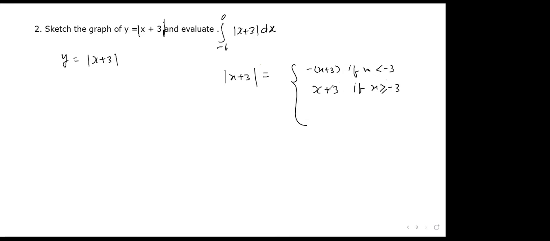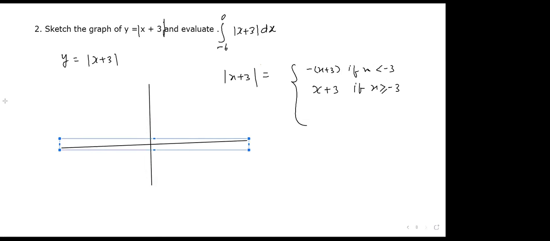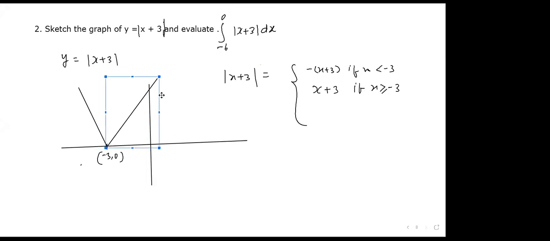If you draw the graph, it will be like this. Suppose this is (-3, 0). So the graph will be like this only.